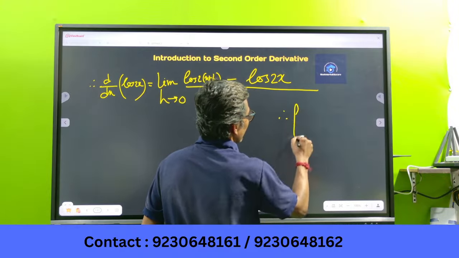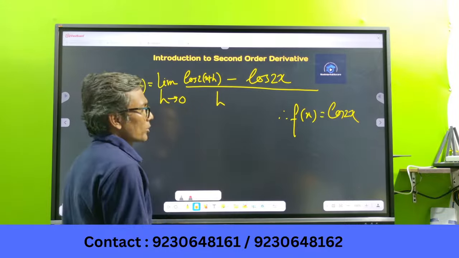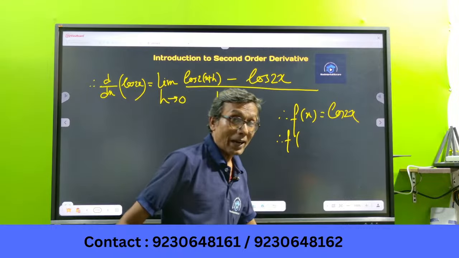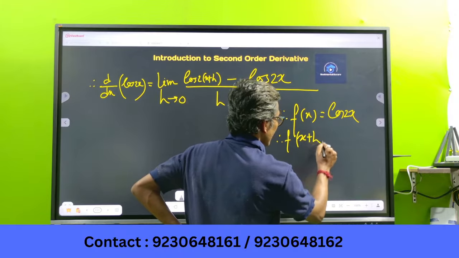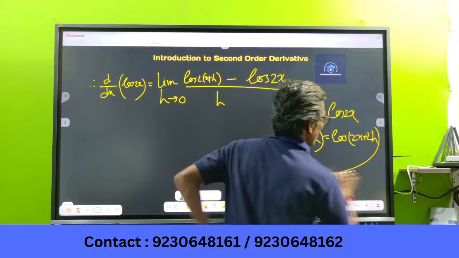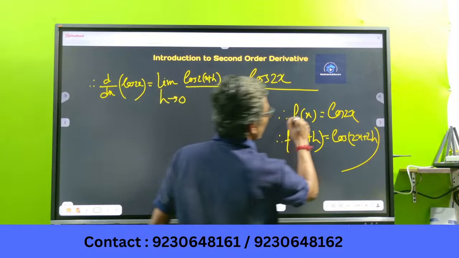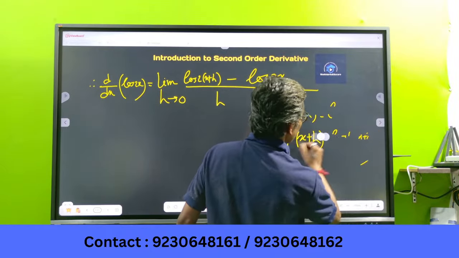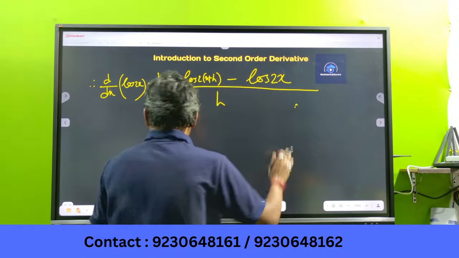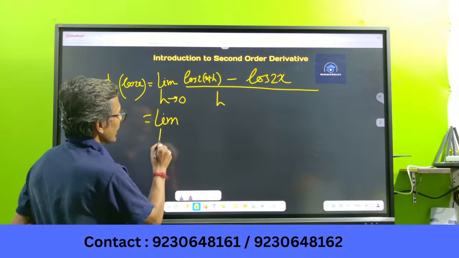The given function was f of x is equal to cos 2x. So x is replaced by x plus h, so that will be 2x plus 2h. So that is written over here.